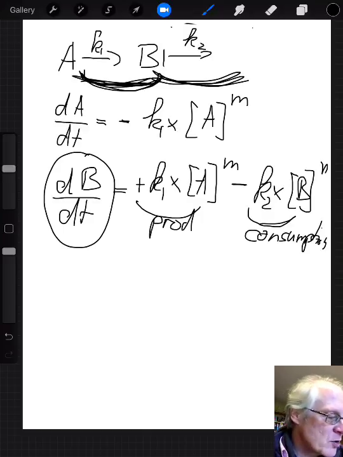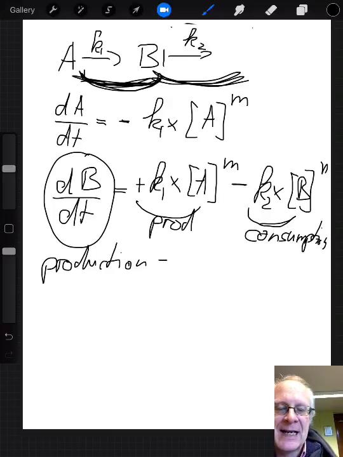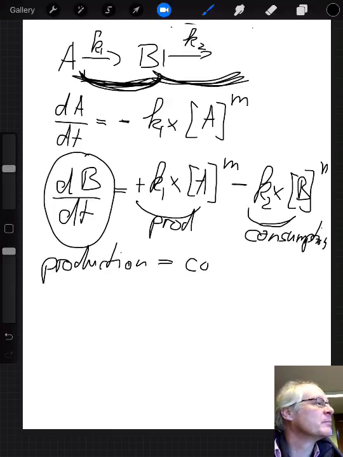Now, what do we get if production is the same as the consumption?